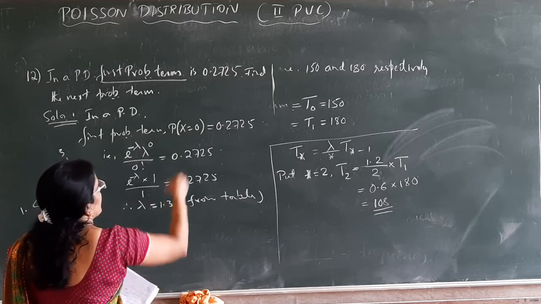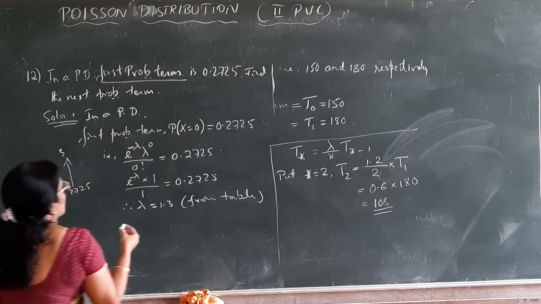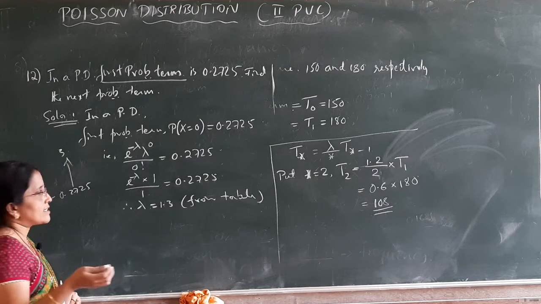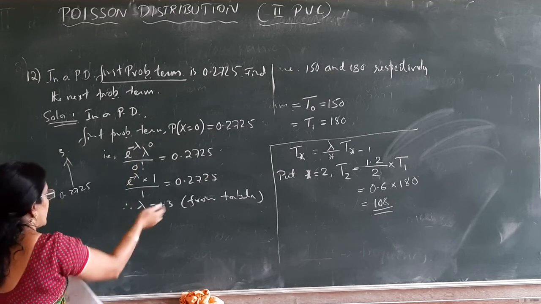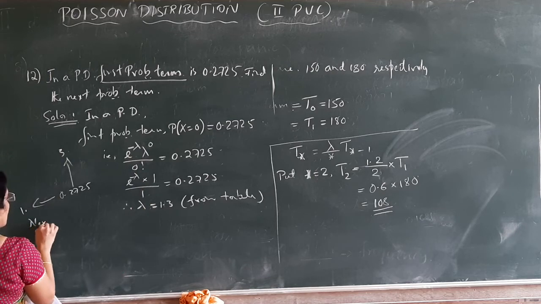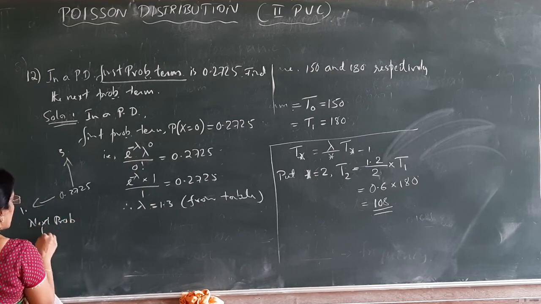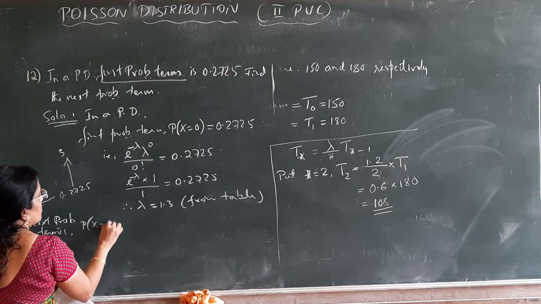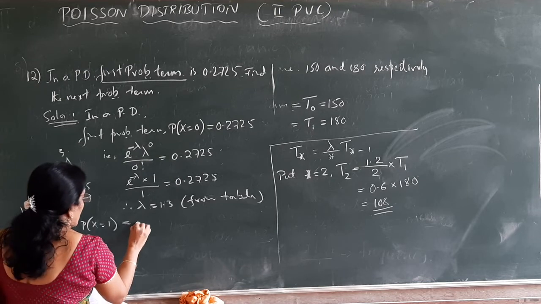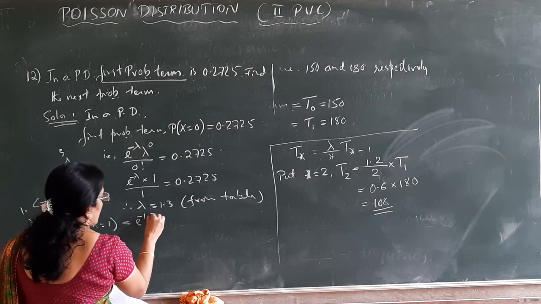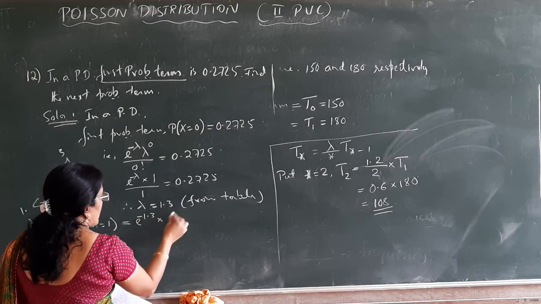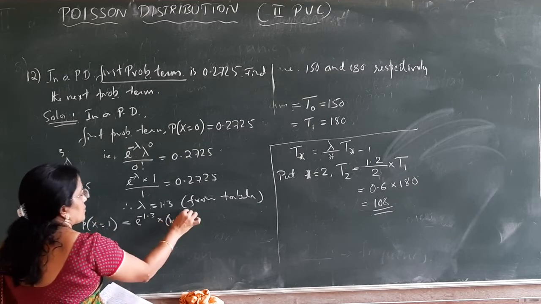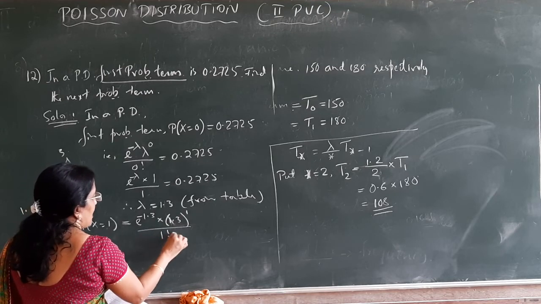Next, after that, we have to find the next probability term. To write the next probability term in the probability mass function, put x is equal to what? 1. So the next probability term is P of x equal to 1, which is equal to e power minus lambda, that is e power minus 1.3, into lambda power x, that is 1.3 power 1, divided by 1 factorial.